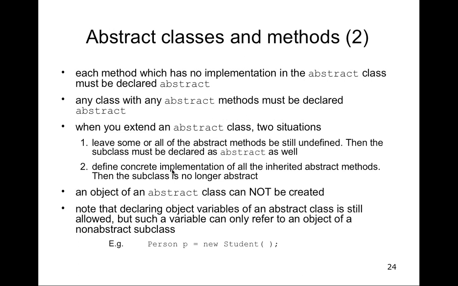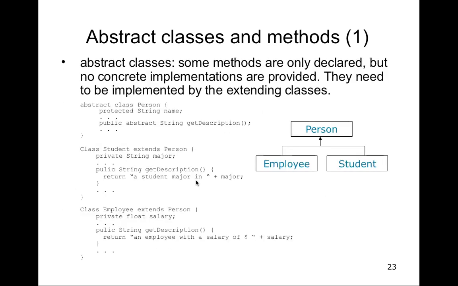You can define concrete implementation for all of the inherited abstract methods if you want to, and then the subclass is no longer abstract. Once you've implemented it, the subclass turns into a regular old object. So in this particular example, we can still make an employee and get a person object out of that, because employee has implemented the one and only abstract method that was in person.